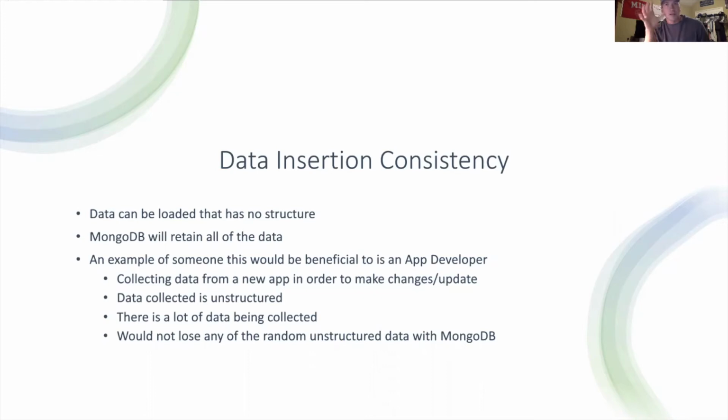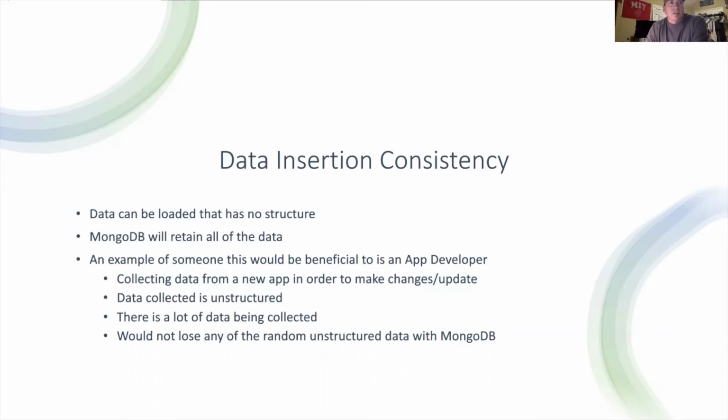So all of the data that you are pulling from wherever you're pulling it from is all going to be collected. None of it's going to be lost when you load into MongoDB. Whereas if you were to load into MySQL, and you had a value that wasn't in the predefined schema of your table, that value wouldn't go in and you'd get an error.